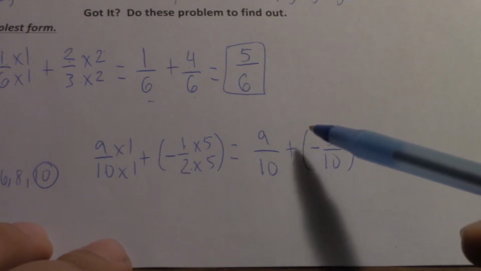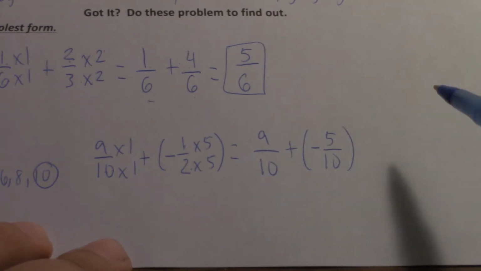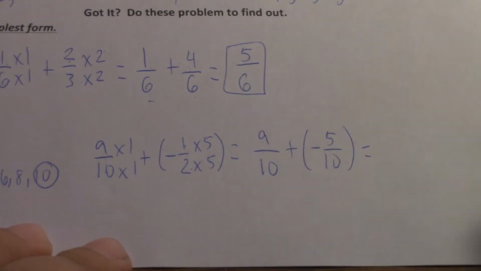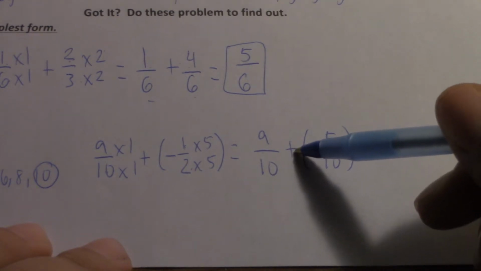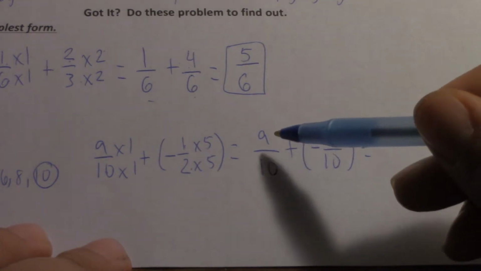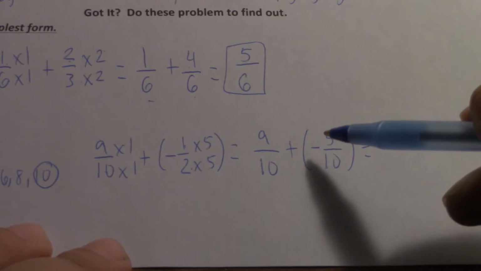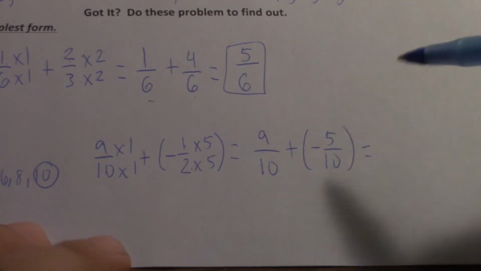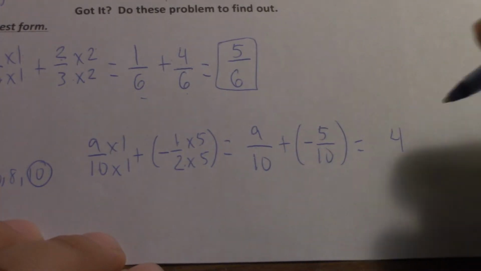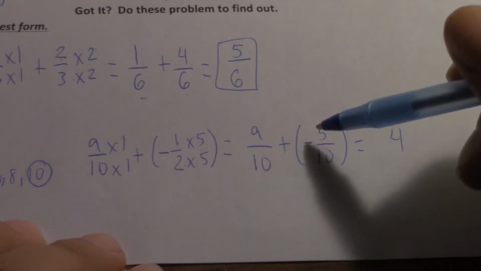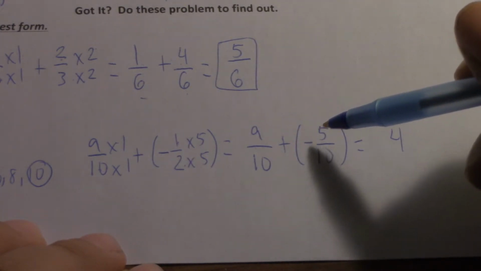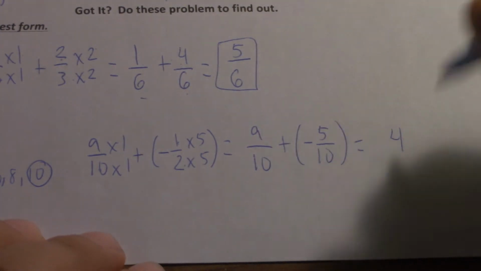So this problem is really the same thing as saying 9 plus -5. According to integer addition rules, different signs we subtract. 9 minus 5 gives me 4. I take the sign of the number that is furthest away from 0. That gives me +9.